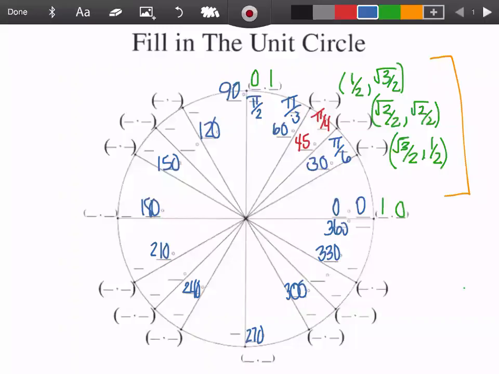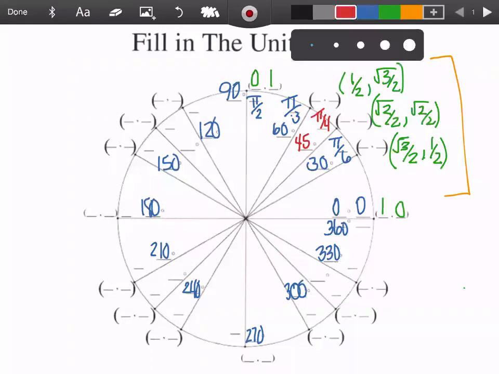Okay, so now I've just filled out the rest of the unit circle. We filled out the first two quadrants together. I filled out 3 and 4, all the way up to where you end with 360 degrees, because the full way around a circle is 360 degrees.